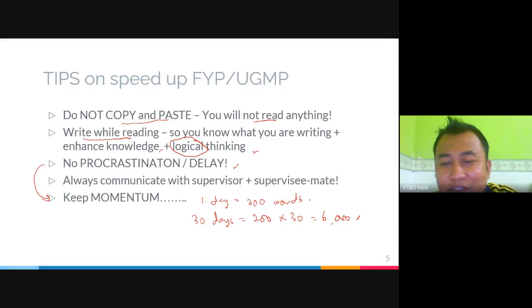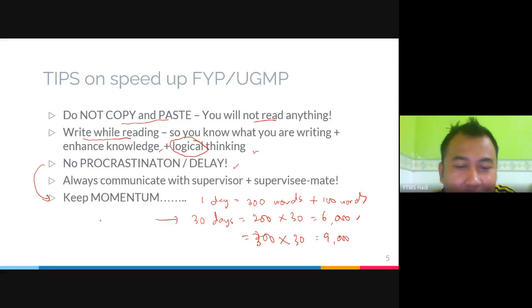If you can do more than that, let's say plus 100 words, that might be good. So if you do 30 days straight, that means 300 multiplied by 30 days, you get 9,000 words. It is for UGMP. UGMP is like 9,000 to 10,000, let's say. Your FYP has UGMP over 2 semesters, let's say 5 months each, which is 10 months.